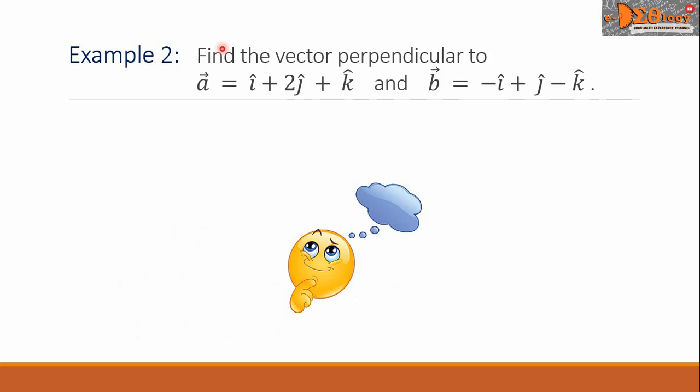Example 2. Find a vector perpendicular to vector A equals i plus 2j plus k, and vector B equals negative i plus j minus k.